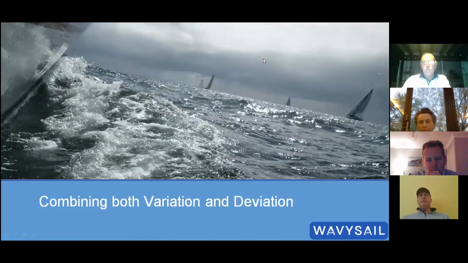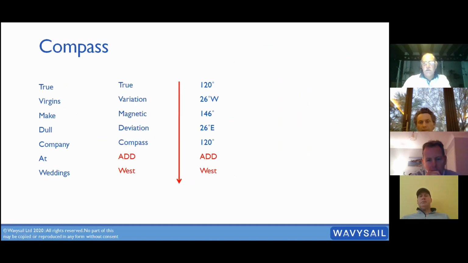So we need to know which way we go with west or east, whether we add or subtract it. So if you're going down from true, variation, magnetic, deviation, compass, you'd add west, which means you would therefore subtract east. If you're going the other way, you'd subtract west and add east.